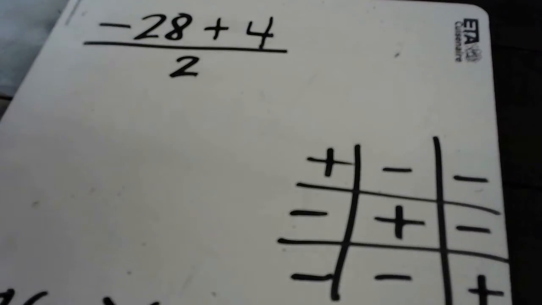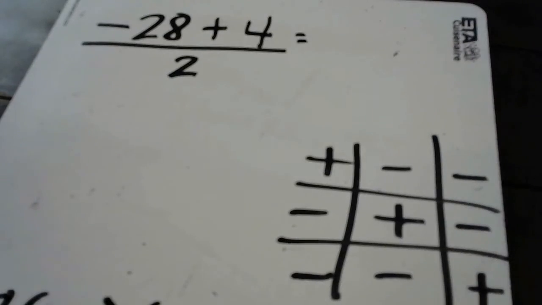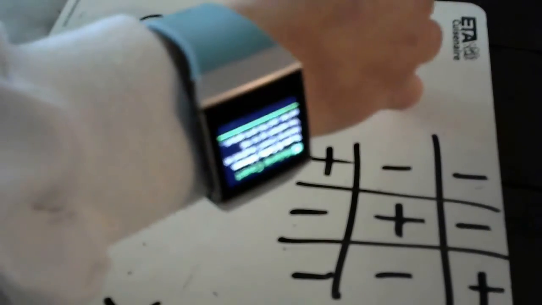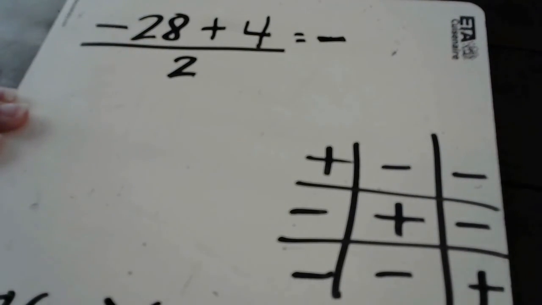Even though -28 is smaller than +4, it is a greater number. There's more negatives than positives. So we take the negative sign, and we subtract because we have a negative and then a positive. And 28 minus 4 is 24.